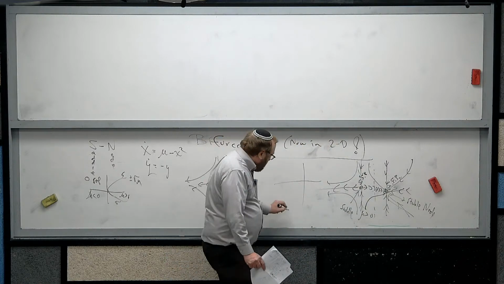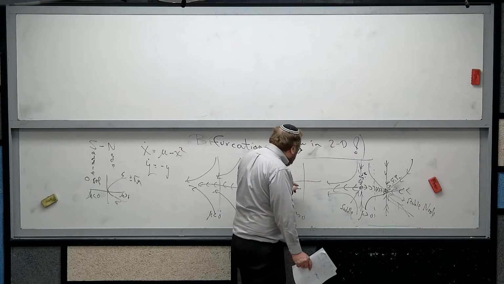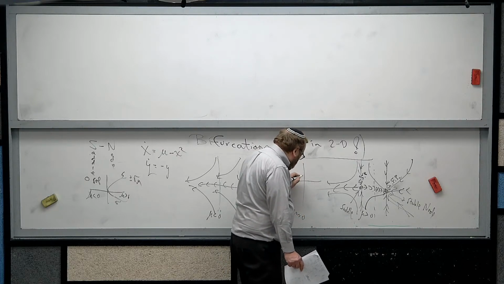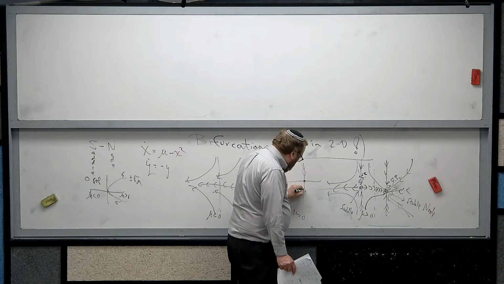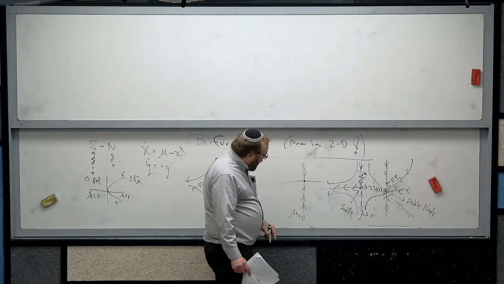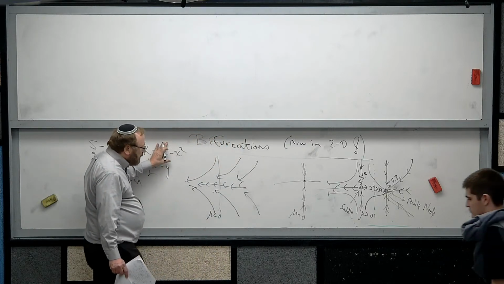So when mu equals 0, the only point of interest is the point at 0, and there the flow along the y-axis is toward here because x dot is 0 because mu is 0.